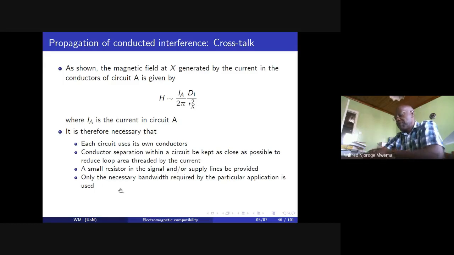I'm sure from your studies of digital circuits by Professor Mwangi, you are told that you want to make your clock to be as sharp as possible, and you are even advised to use Schmitt triggers to try and make the fall and the rise times shorter.